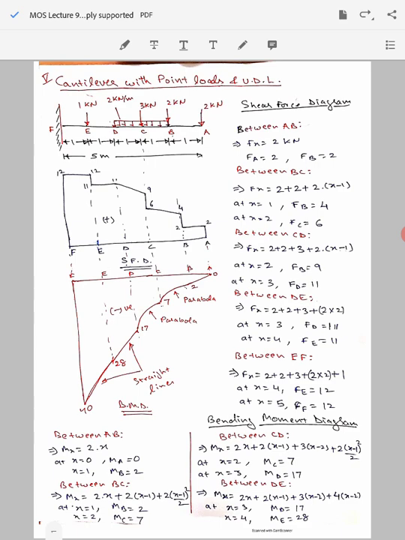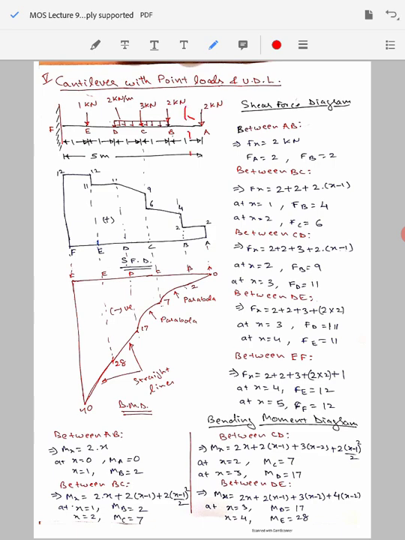Now, as we did in our last lecture, in a similar manner we will progress here. For the shear force diagram, we will first consider the span AB. So we'll start from the free end and consider that the beam is cut somewhere between A and B. So let's assume that the beam is cut here.